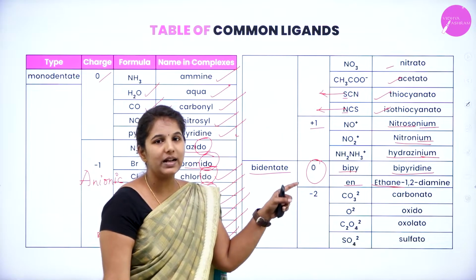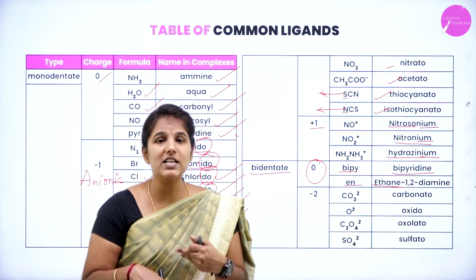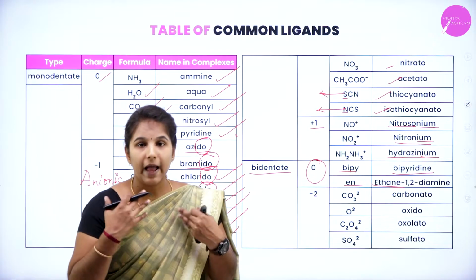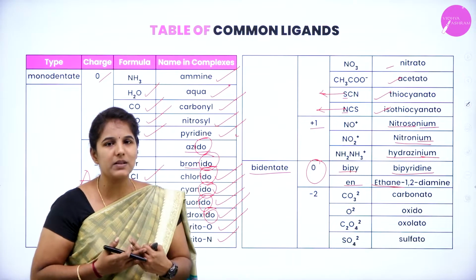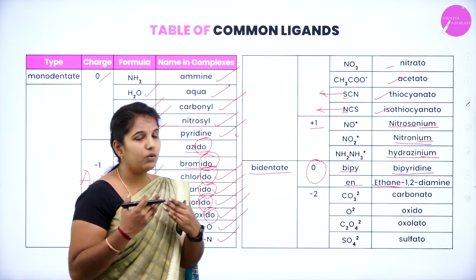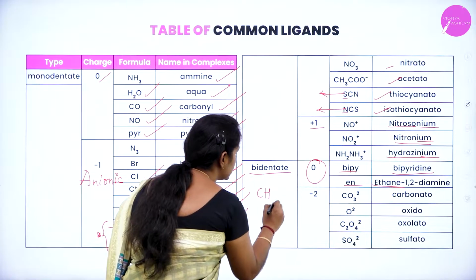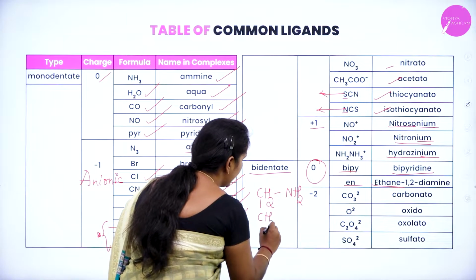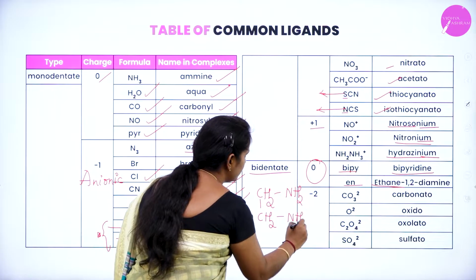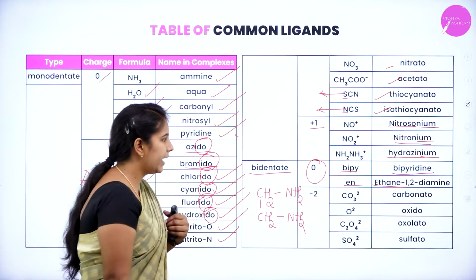You will use en as a short term while doing nomenclature as well as while understanding isomers. En represents ethane 1,2 diamine, and the structure will be like this: CH2, NH2, CH2 and NH2. Okay, it is ethane 1,2 diamine.